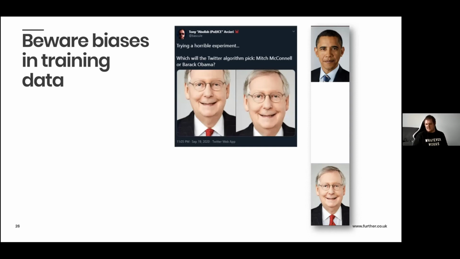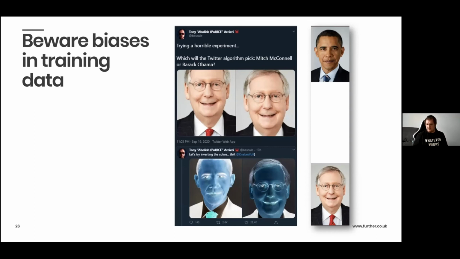Then he did a follow-on experiment where he inverted the colors and also changed the tone slightly, just to remove race from the equation. And suddenly Twitter's algorithm recognized both people in the photo. Now, I don't think Twitter set out to create a racist algorithm, but what they've done is take a library of a few million photos and bundle that into the machine learning algorithm without thinking and checking what biases might be in that data set.